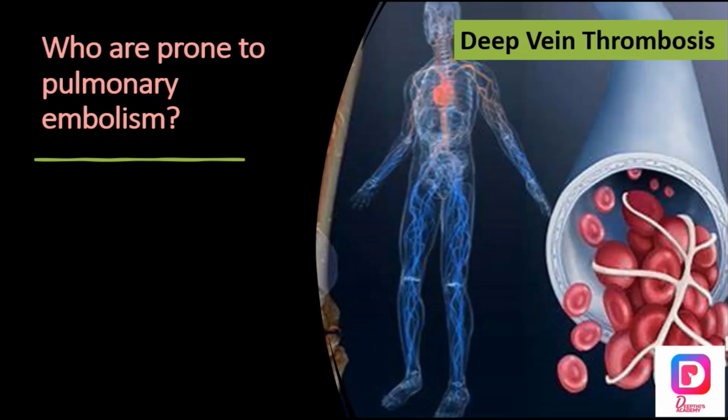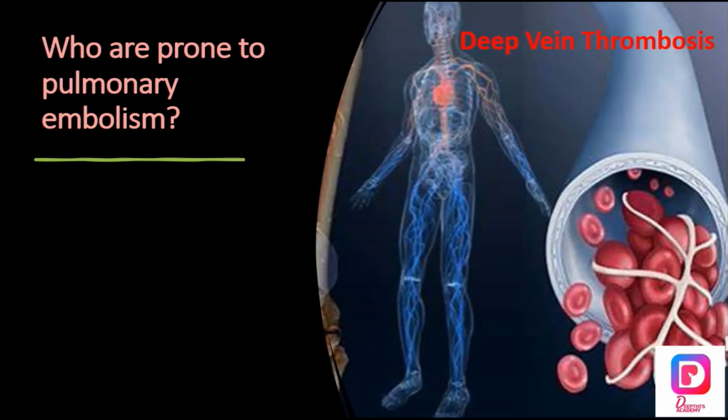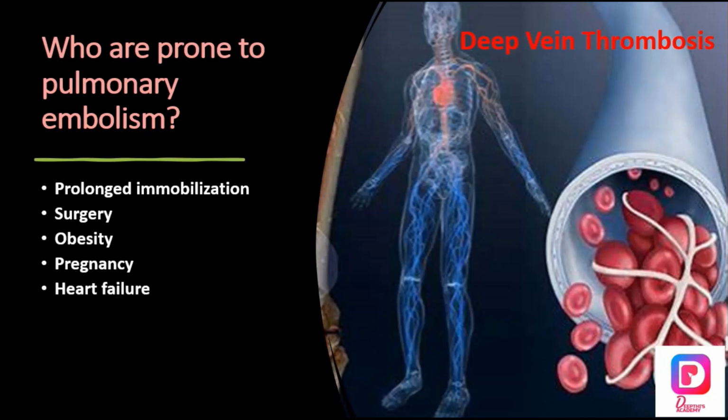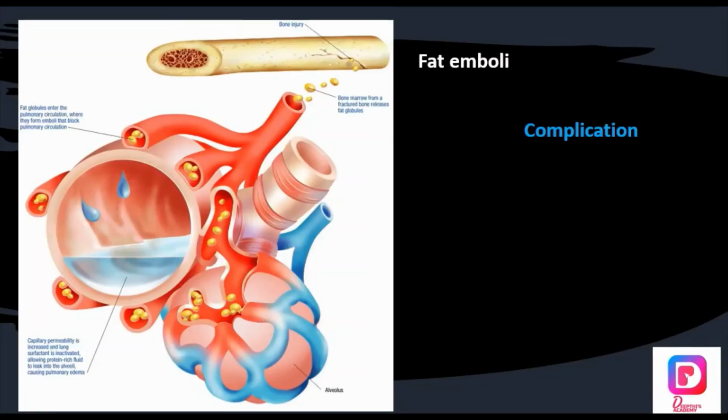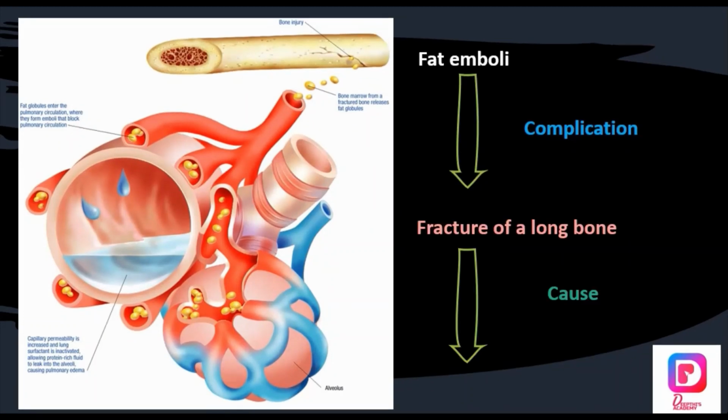Clients prone to pulmonary embolism are those at risk for deep vein thrombosis, including those with prolonged immobilization, surgery, obesity, pregnancy, heart failure, advanced age, or a history of thromboembolism. Fat emboli can occur as a complication following fracture of a long bone and can cause pulmonary emboli.